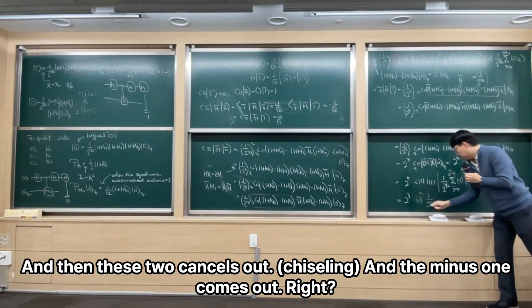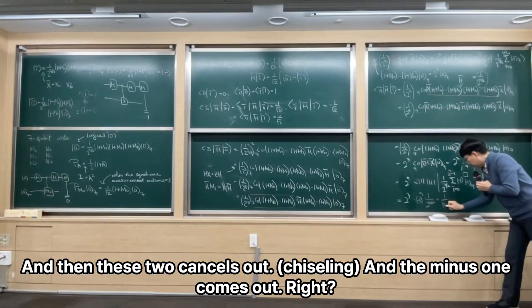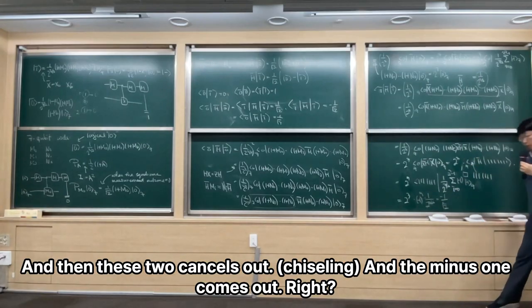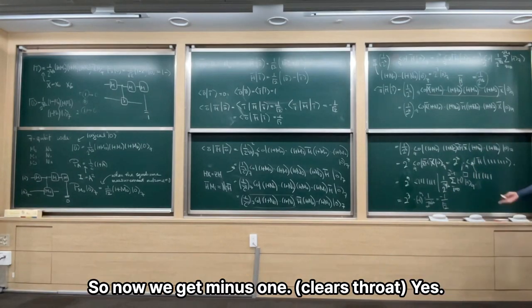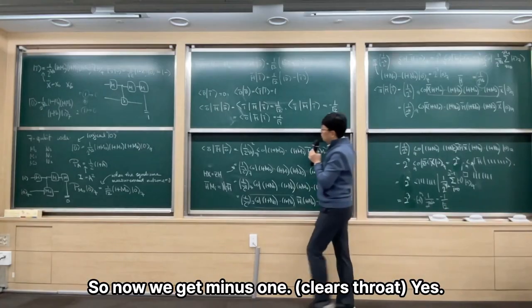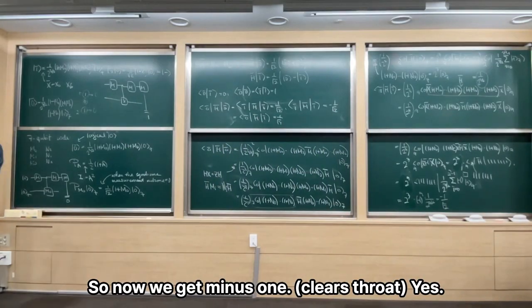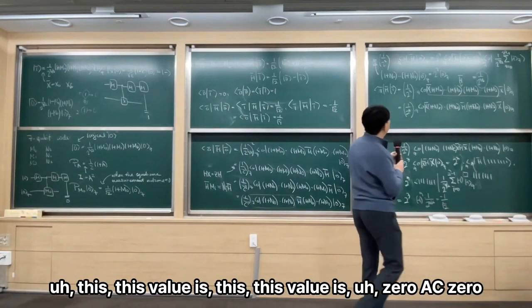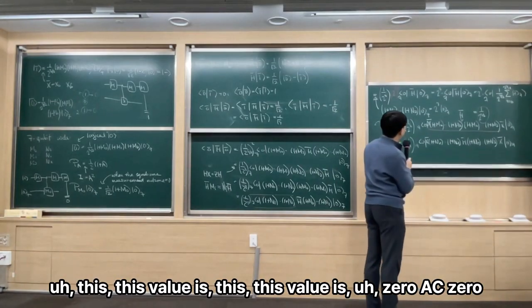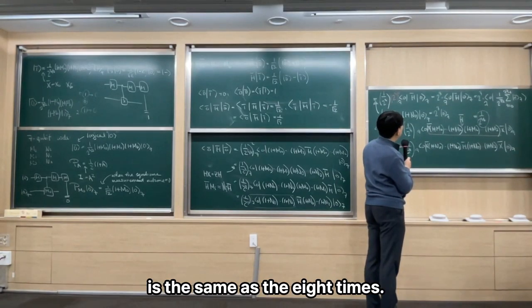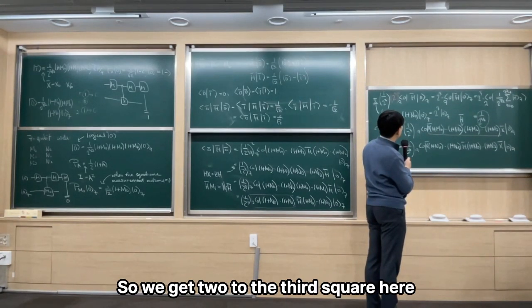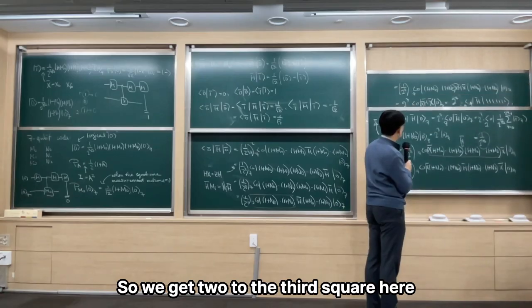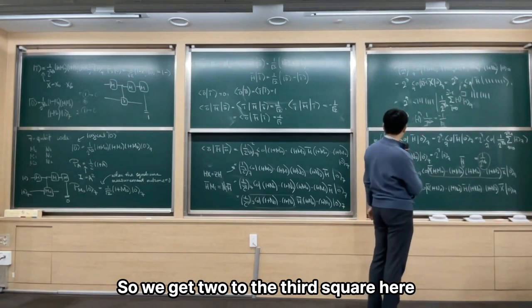And then these two cancel out, 1 over square root 2, and the minus 1 comes out. Right? So now we get minus 1. Yes? Your conclusion is this value is 0 is the same as the 8 times 0 is 0. So I think it doesn't make sense.